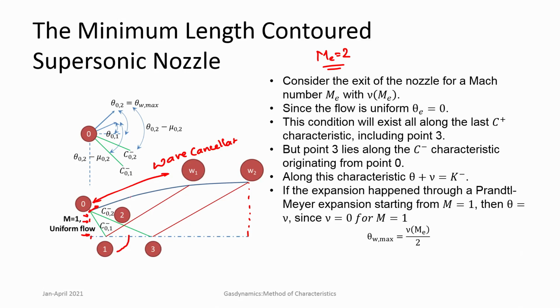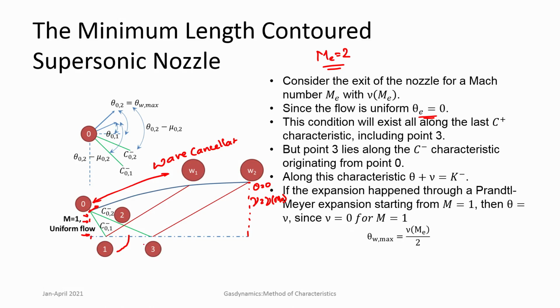We can take a look at that by looking at these characteristics over here. If you look at the final characteristic that impinges at W2 and trace the way back all the way towards the point 0, then we should be in a position to comment on that particular angle. Now, at the exit we know that the flow is uniform and theta is 0. So, if you consider this particular characteristic, theta is 0 and nu corresponds to the Mach number of M exit, and it is a C plus characteristic.